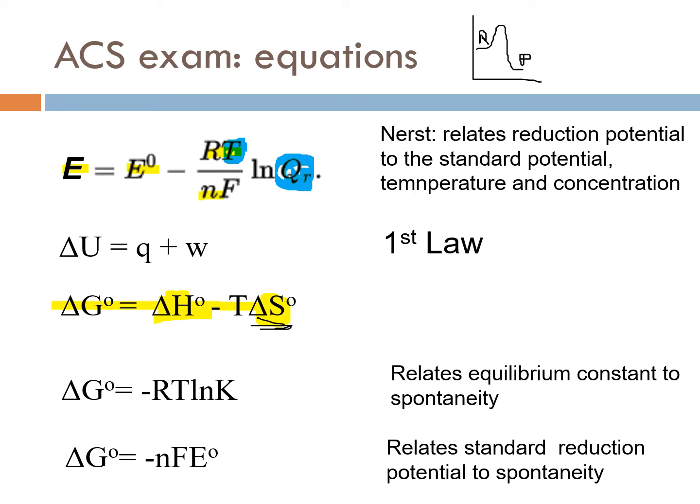Now, if you don't have numbers but just signs, so if you know that the reaction has a negative delta H and a positive delta S, you can infer in which conditions it would be spontaneous. Because of the minus sign in front of the T delta S term, delta S positive gives a minus, and if delta H is also a minus, then delta G is going to be negative.